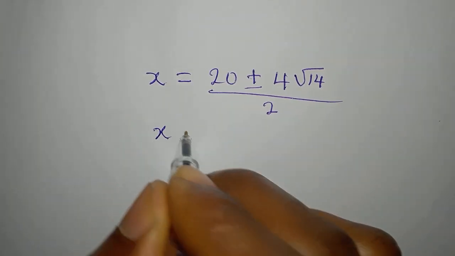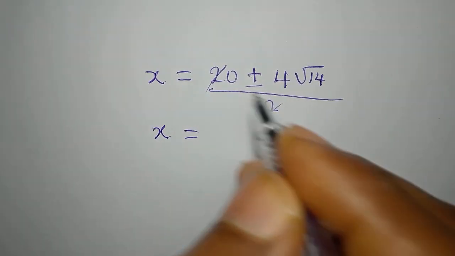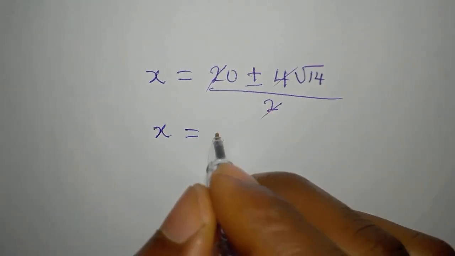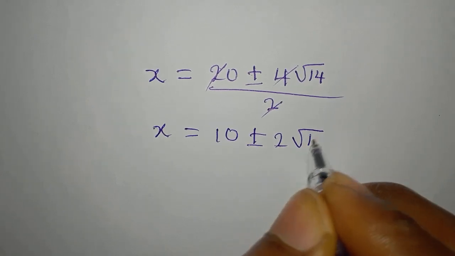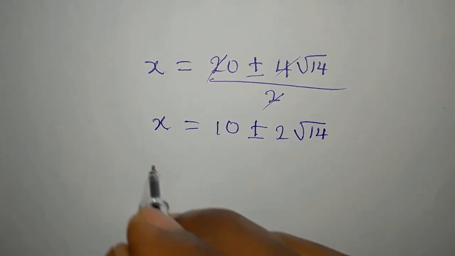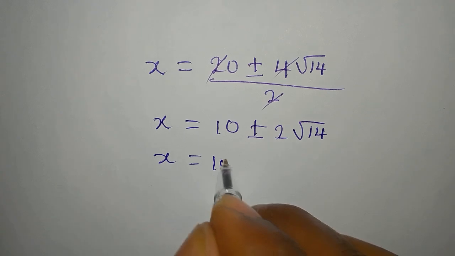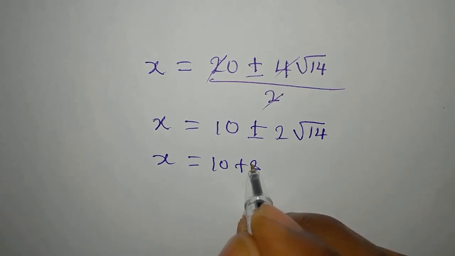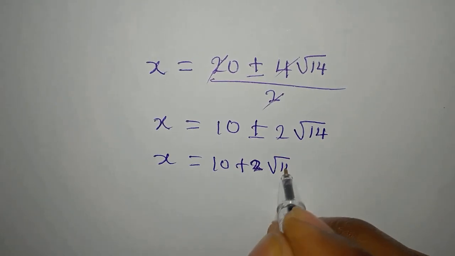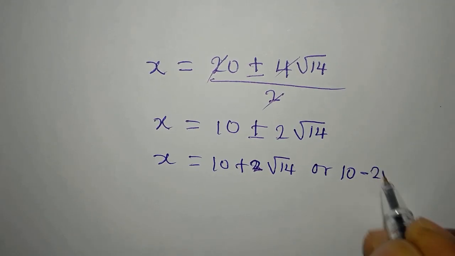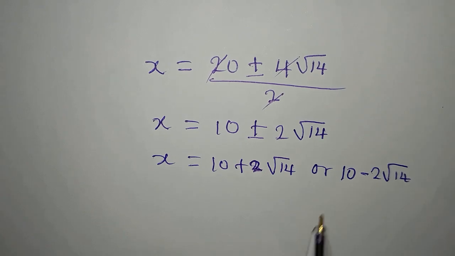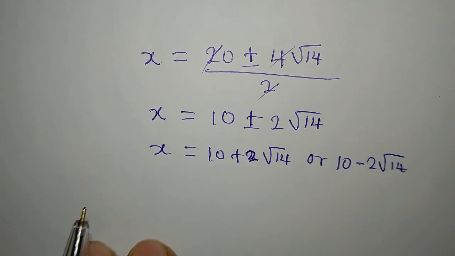And our x is now 2 can go here, and the same 2 will go there. So we have 10 plus or minus 2 root 14. Meaning that x is equal to 10 plus 2 root 14, or 10 minus 2 root 14. So this will be the two values of x.